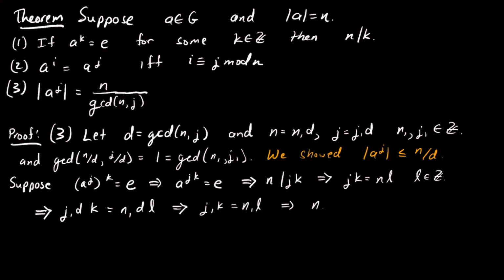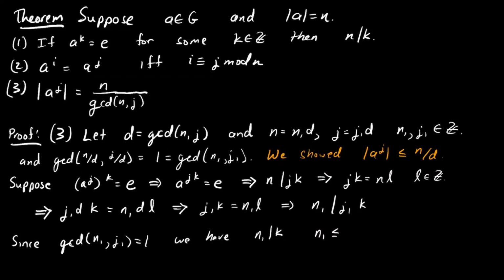This tells me that n1 has to divide j1k. But I know that n1 and j1 are relatively prime, so since the GCD of n1 and j1 is equal to 1, we have that n1 actually divides k. And now we assumed k was positive, so this tells me that n1 is less than or equal to k, right?